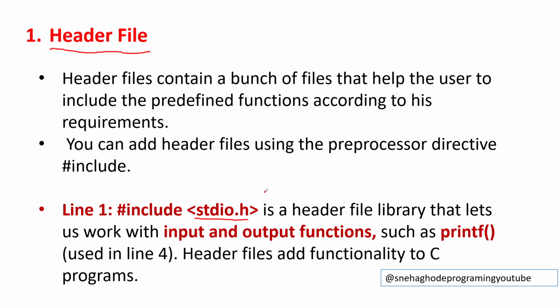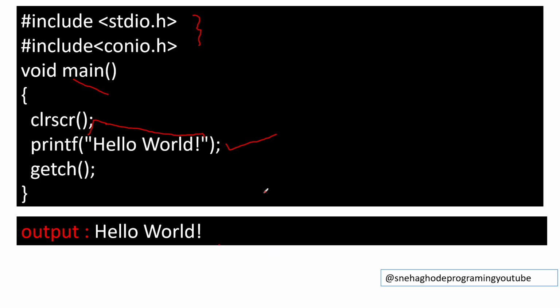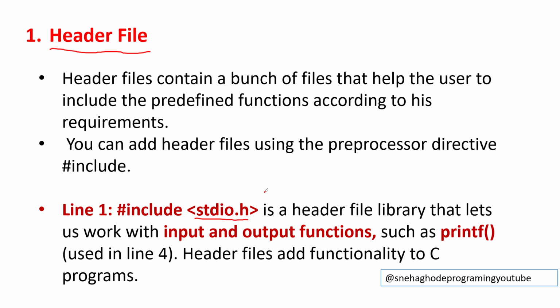We are going to use printf in this program, and we haven't written the definition of printf over here. So we are just including stdio.h so that we are able to derive the definition of printf from this header file, and printf will work for our program. Okay, hope this header file is clear for everyone.